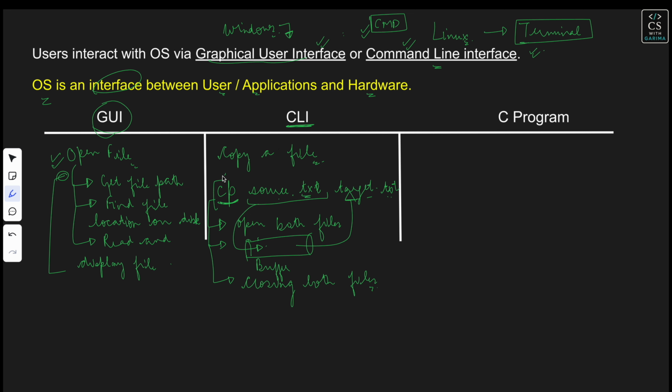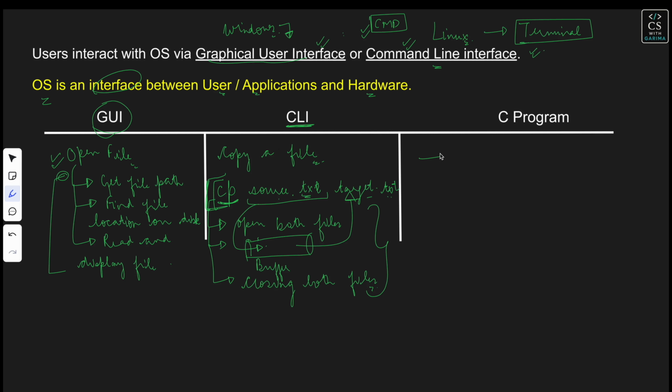So again, let us note that while the user only executed this cp command or the copy command, the actual set of instructions or the actual set of operations that happen behind the scene are actually very seamless and hidden from the user. Let me also take a third example of a very simple C program.